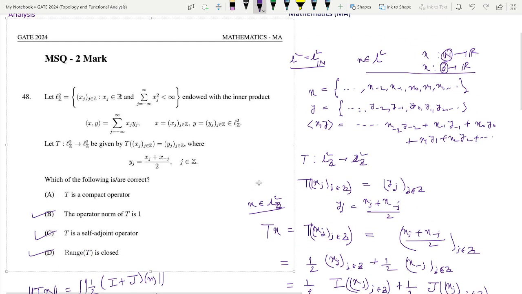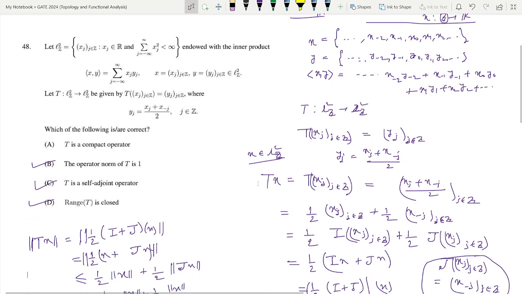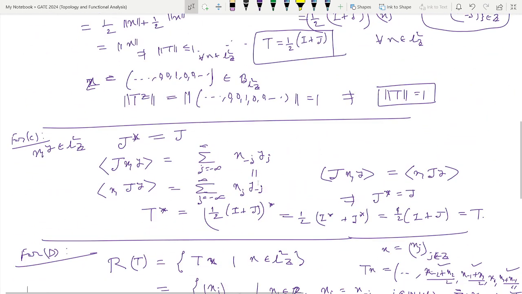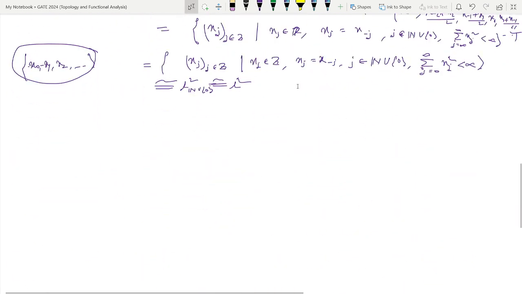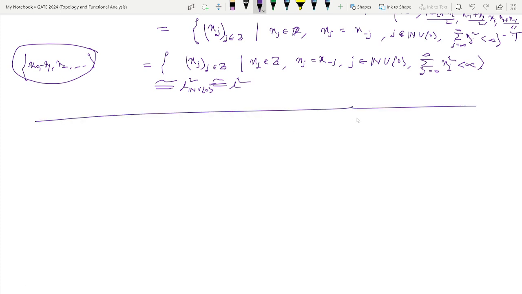Now look at option A, that T is a compact operator. Let us recall the definition of compact operator. An operator T is said to be compact if T maps every bounded set to a relatively compact set. That means, for A bounded implies TA is relatively compact.